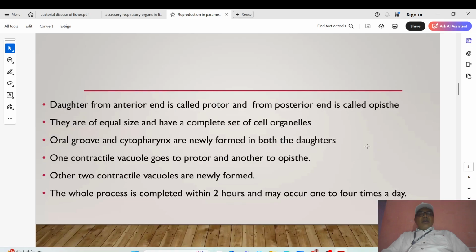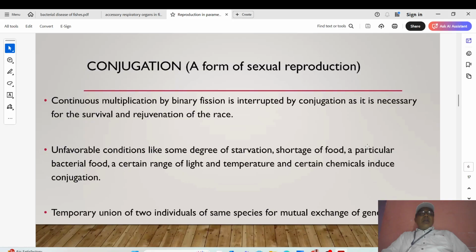One contractile vacuole goes to the proter and another to the opisthe. The other two contractile vacuoles are newly formed. The whole process is completed within 2 hours and may occur up to 4 times in a day.